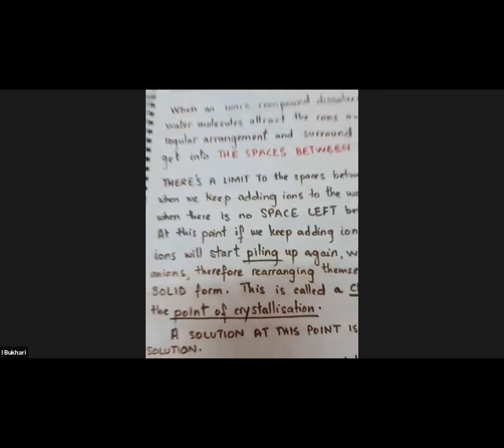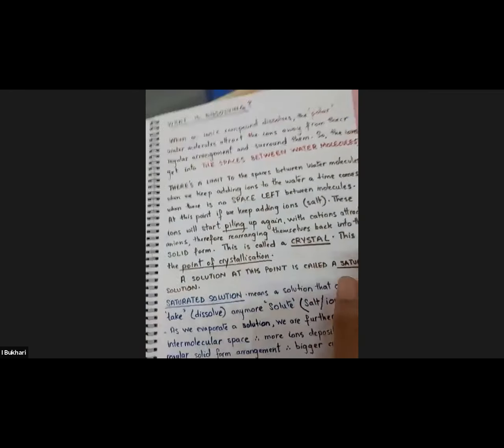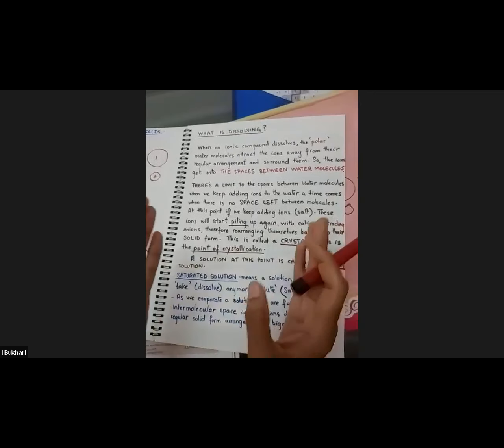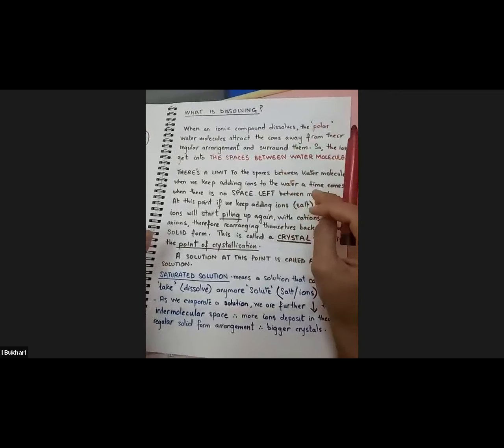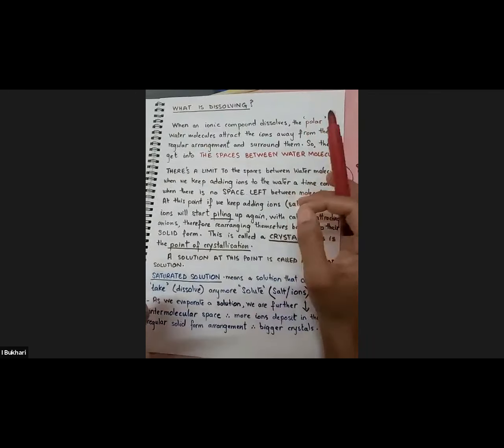Okay, so now my question is, can we just go on adding the salt to a particular amount of water, you know, unlimited, or is there a limit to the amount of salt that we can add?